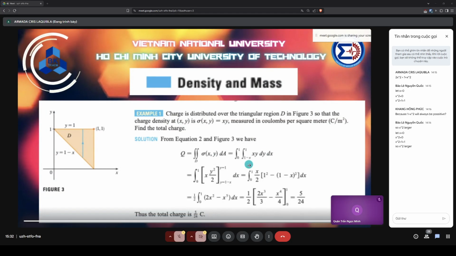So we're going to get the total charge. So first we get the double integral, and then xy. Actually, this is the formula, sigma of xy. So substitute here xy. And then why is it dy dx? So go here in the figure because this figure is given already. Now, as you can see, the y will go up.